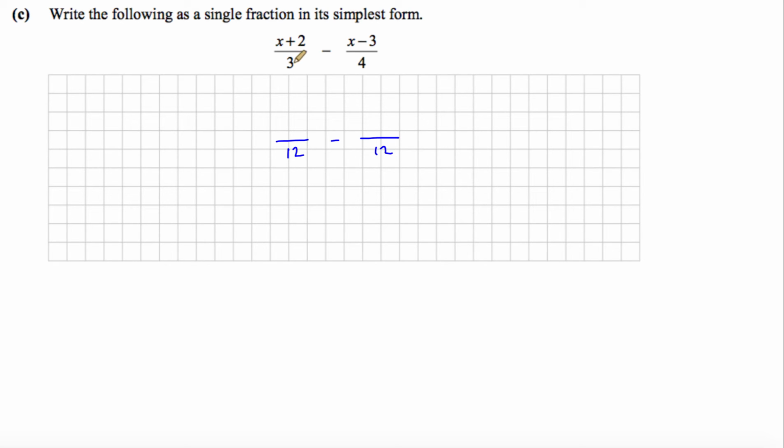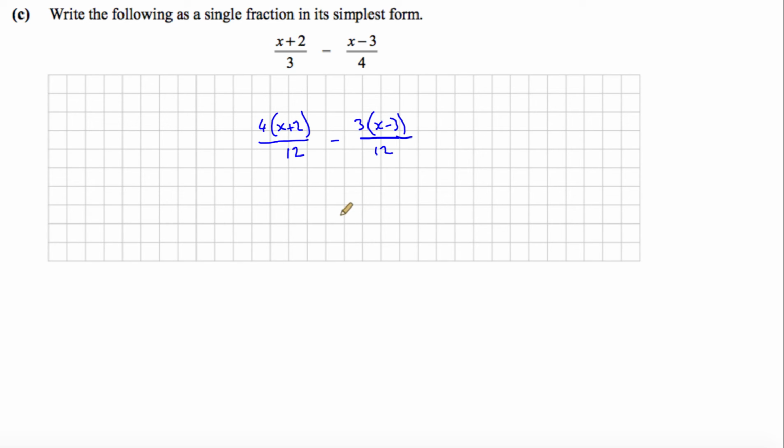So, with equivalent fractions, what did I multiply 3 by to change it to a 12? Well, I multiplied it by 4, so then I'm going to do the same to the top. So it's going to be 4 by (x + 2) on top. And then over here, I changed this 4 to a 12, so I multiplied that 4 by 3 to make it 12. So I must do the same to the top. I'm going to multiply the top by 3 as well to maintain equivalent fractions.